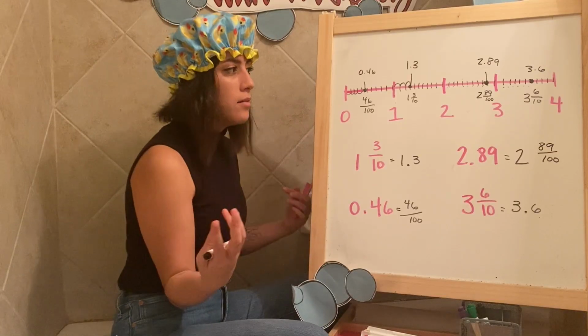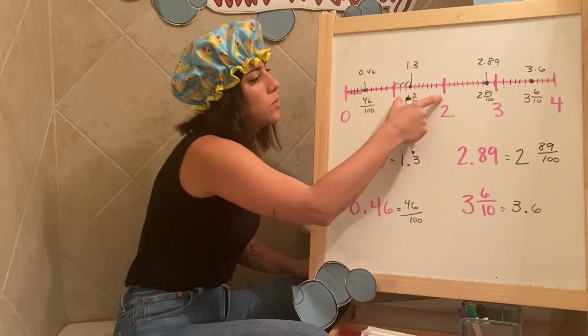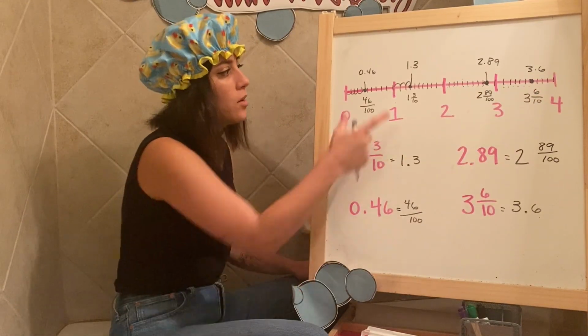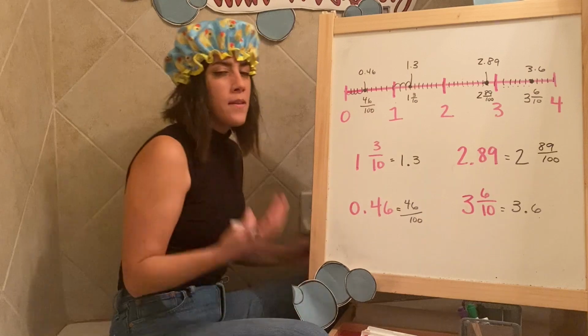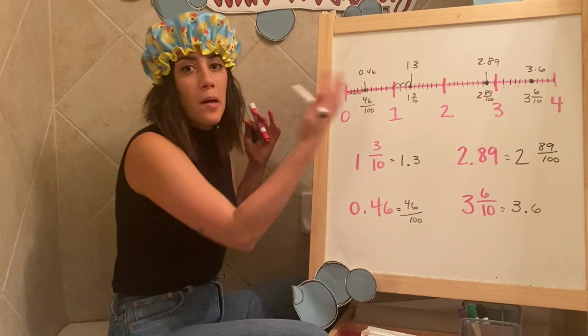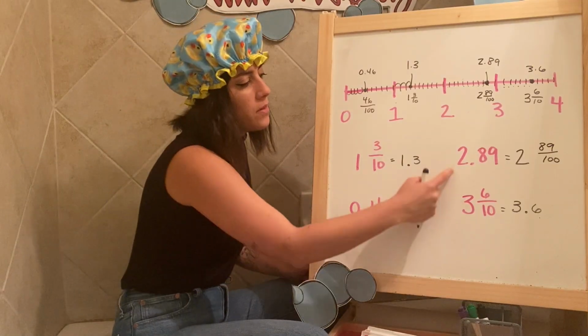Or I could say by dimes, right? 10 dimes, 20 dimes, 30 dimes, 40 dimes is the same as if I had $4, right? $1, $2, $3, $4. So just different ways to think about the same amount of money, and how you could break it up even smaller.